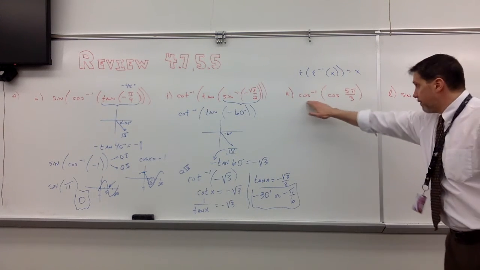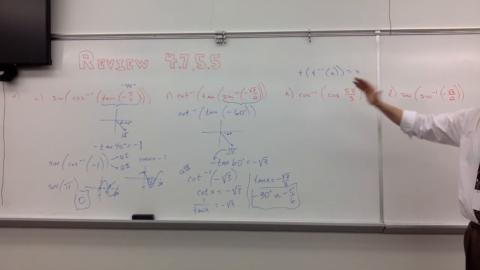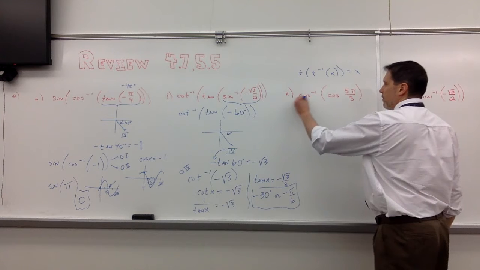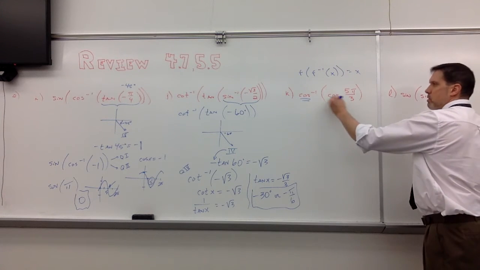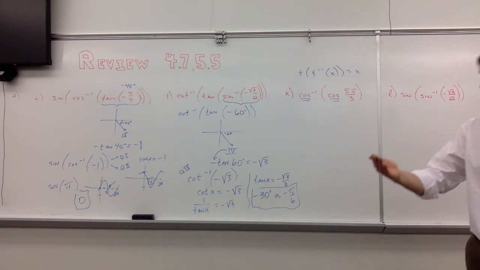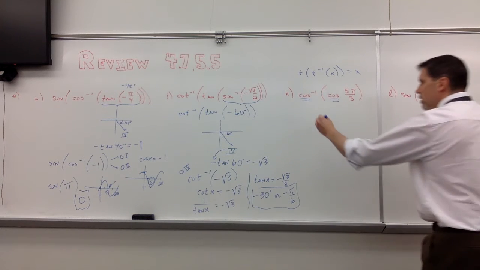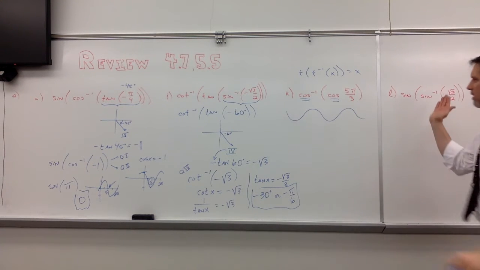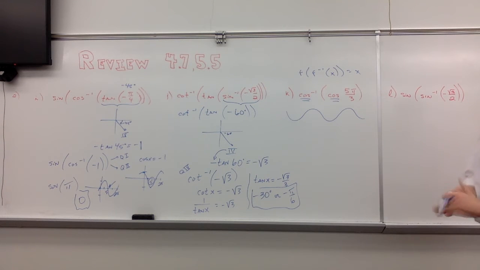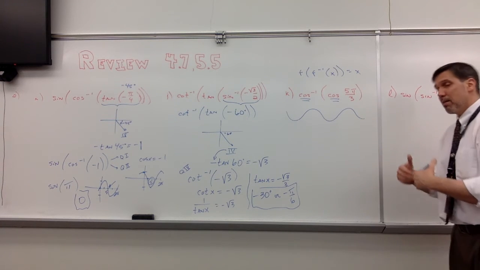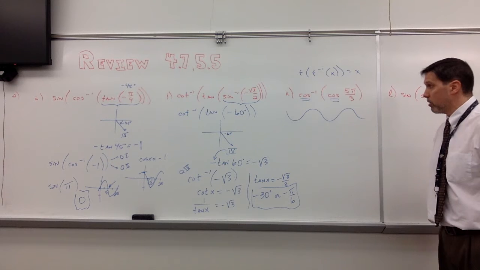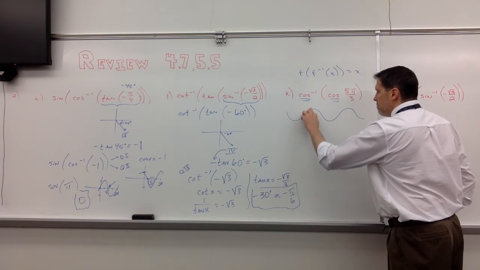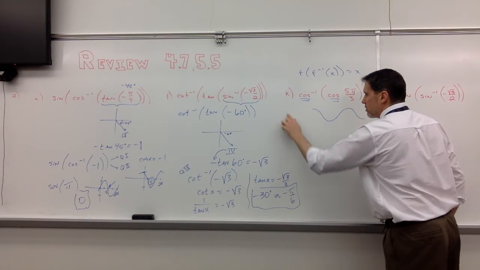And what we have here is that situation, except that when you do the cosine inverse, you had to restrict your domain of cosine, because cosine, remember, is an infinite wave that does not pass the horizontal line test. And if it doesn't pass the horizontal line test, that means its inverse will not be a function. So what we had to do with cosine is basically restrict its domain.